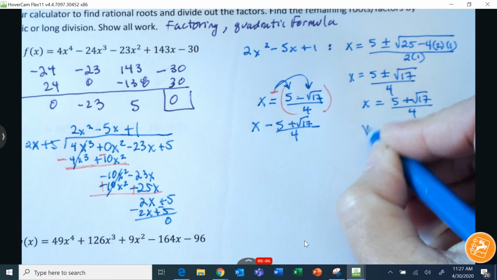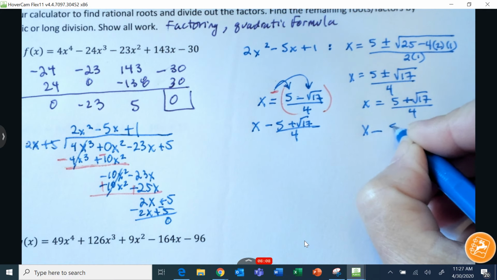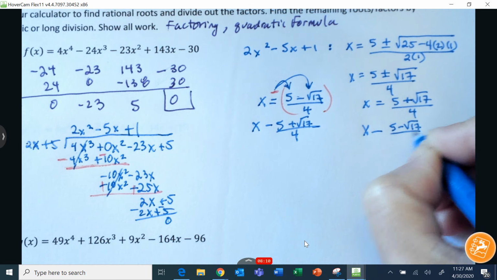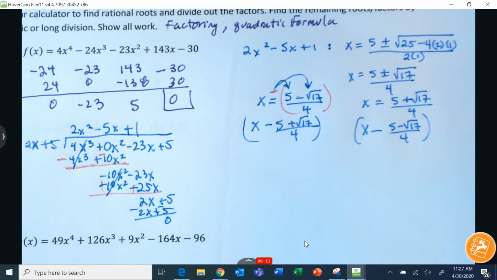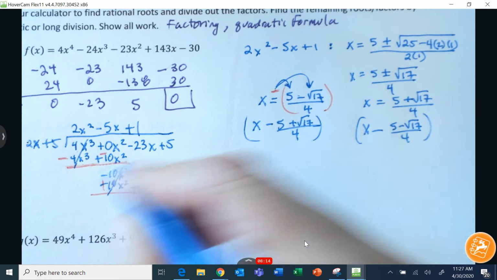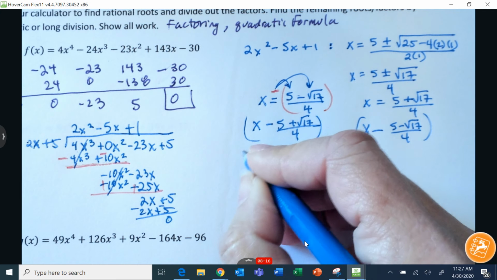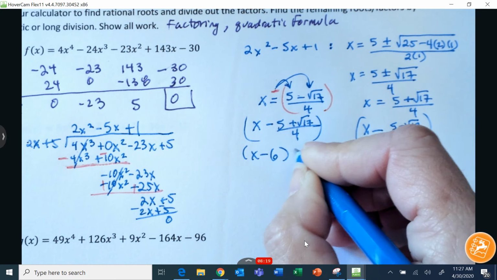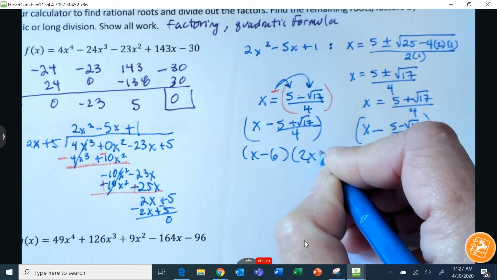And for this one, I'll have x minus 5 minus square root 17 over 4. Those end up being our 2 factors. The other 2 factors that we had were the x minus 6 and the 2x plus 5.